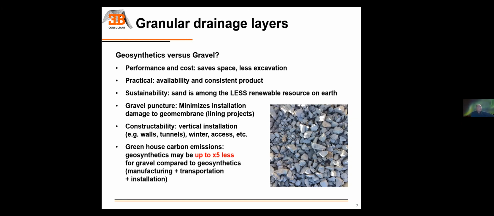And finally, the last one and not the least, greenhouse carbon emission. Some studies I've read, and it's been replicated by many, have shown that the carbon footprint is up to 5 times less for a drainage product compared to a gravel material.